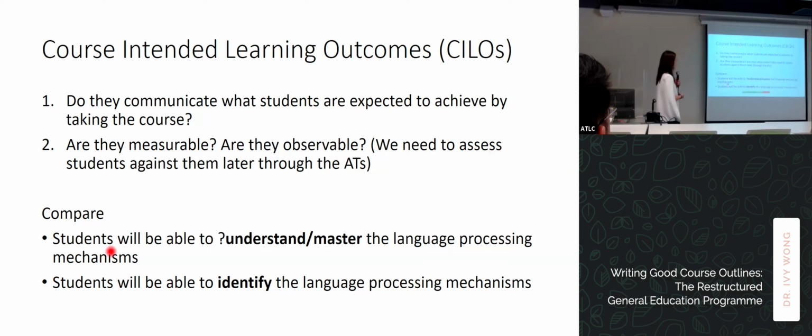So in this example, students will be able to understand, master the language processing mechanisms. Okay, so no, that's not good. Students will be able to identify the language processing mechanisms.